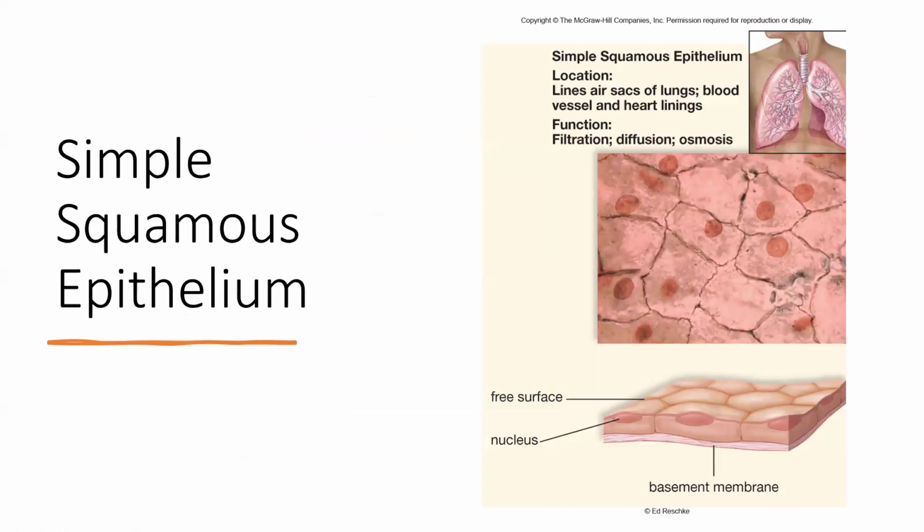So, simple squamous epithelium. Simple means one layer, and squamous means flat. So in this picture, we have a layer of flat cells. That's one cell, that's another cell, and they just form a nice thin sheet. Remember, there is an exposed free surface, which we call the apical side.